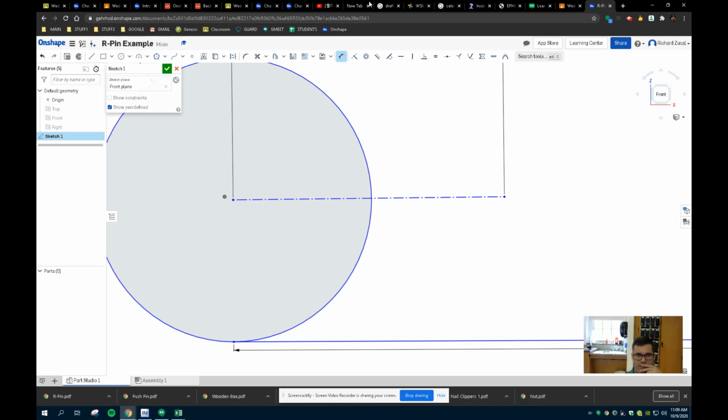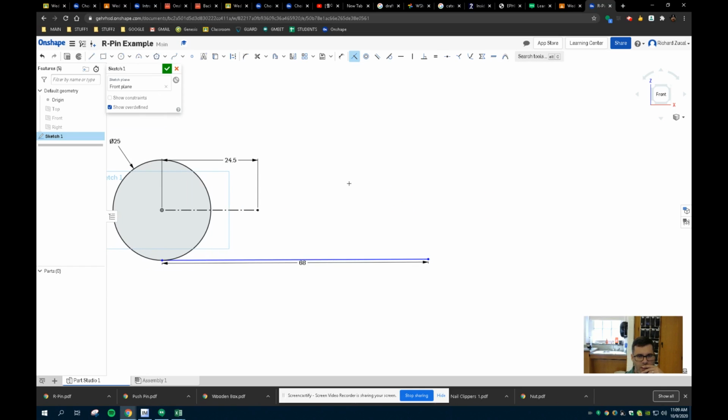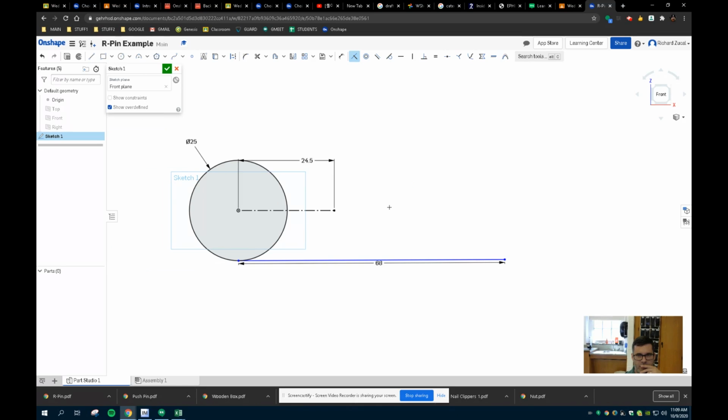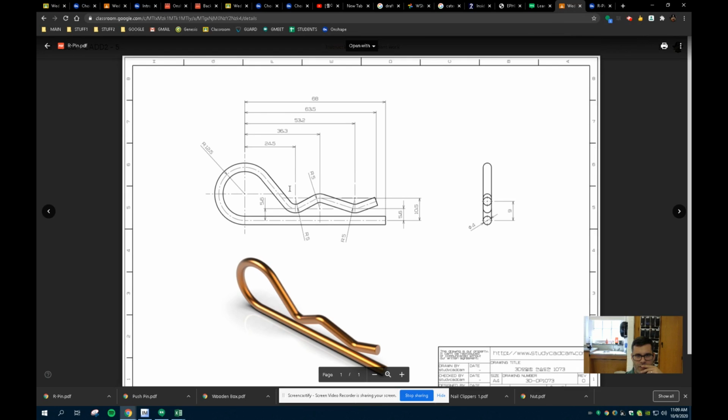You know what? Let's just, so other stuff is moving around, let's just make the origin of the part coincident to the center of that circle. That way everything else will move and the circle will stay the same. So at 24.5, I'm going to have a, oh, I'm sorry.